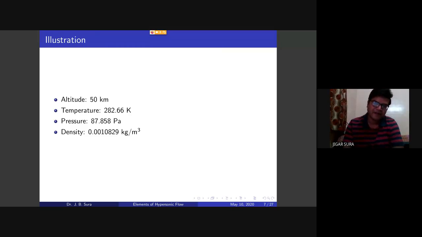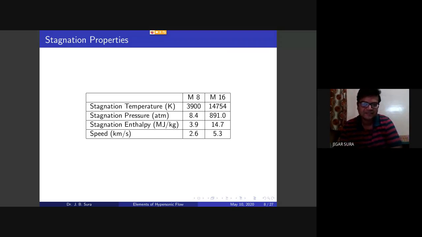If I am flying at Mach 8 and Mach 16, what will be the stagnation conditions? Ideally, the stagnation temperature, if you use isentropic relations, you will get 3900 for Mach 8, but more than 14,000 for Mach 16. Similarly, stagnation pressure in terms of atmospheres: Mach 8 is only 8.4, but Mach 16 is 891. It is like 100 times more.